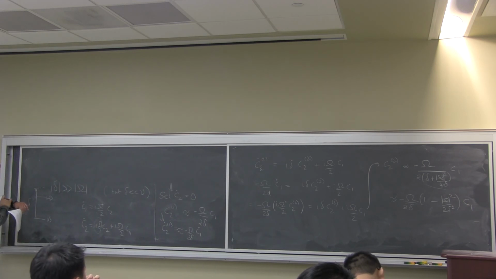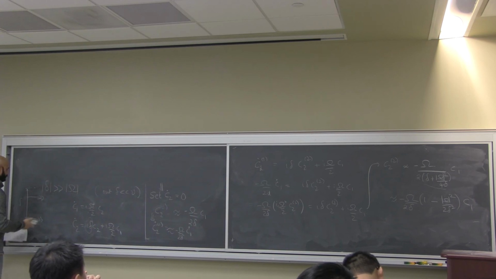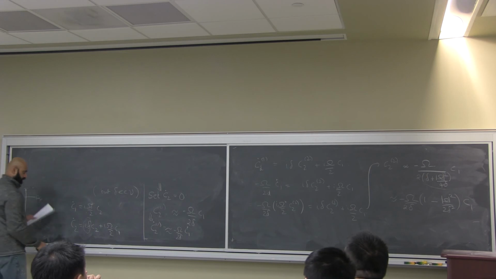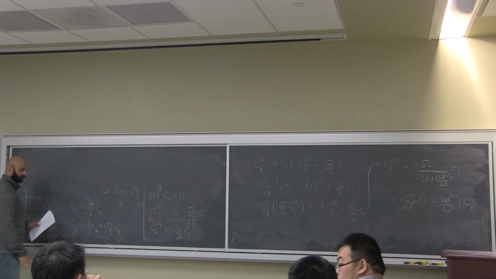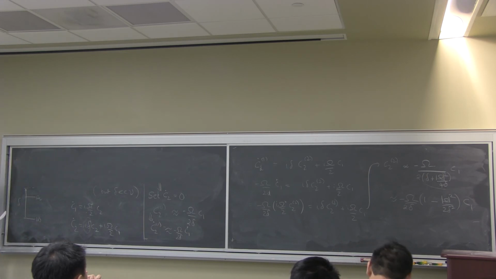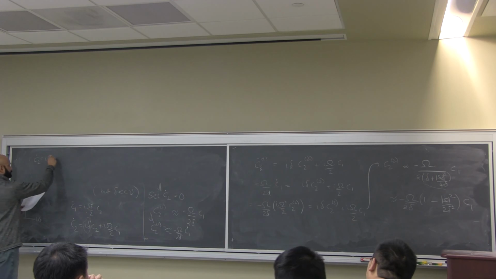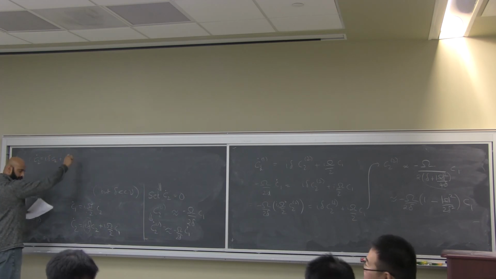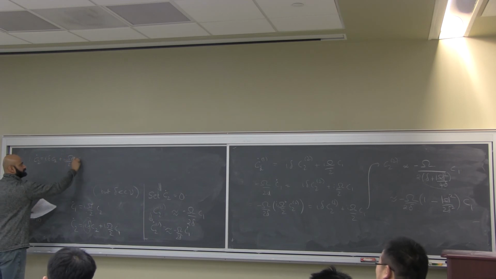I think that's all I'll have time for, so let me go through that. So this equation, C2 dot, I'm going to formally integrate. C2 dot equals I delta times C2 plus I omega over 2 C1.